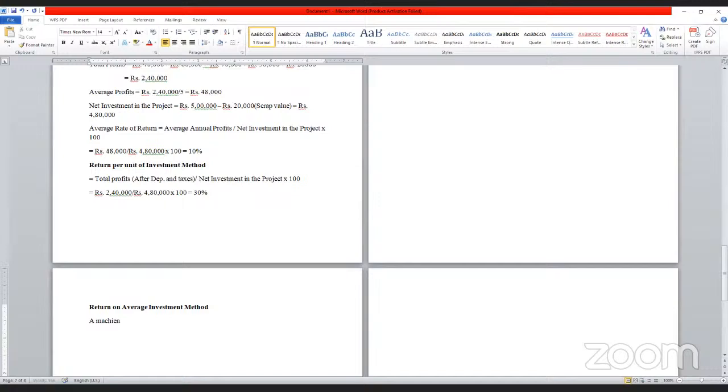A machine costs rupees 1 lakh and has no scrap value after 5 years.